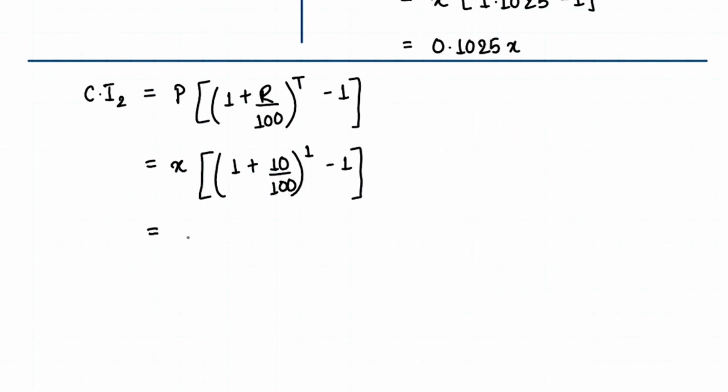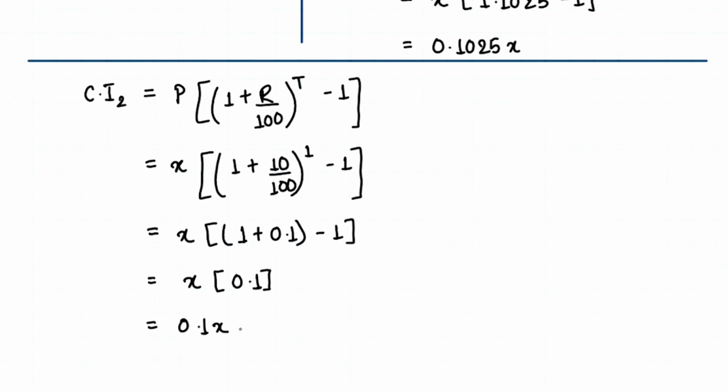So this is going to give us X(1 + 0.1 - 1), we can ignore that power 1, right? So 1 plus 0.1 is 1.1. Again, 1.1 minus 1 is 0.1. So we can just write that as 0.1X. So this is our yearly compound interest.